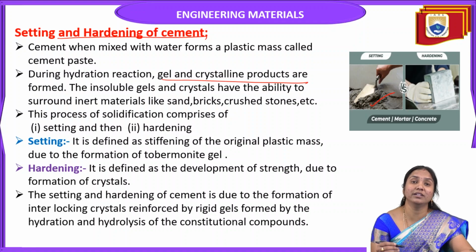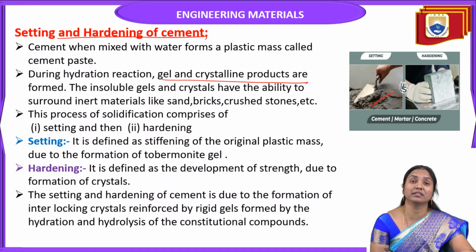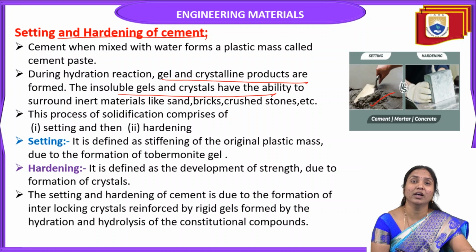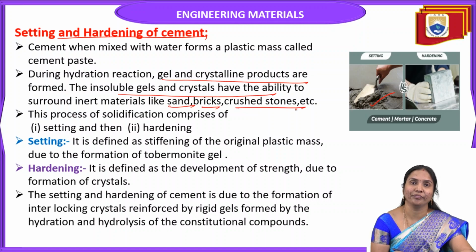Which types of products? Tobermorite gel, and crystalline products like calcium hydroxide. The insoluble gels and crystals have the ability to surround inert materials like sand, bricks, crushed stones, etc.